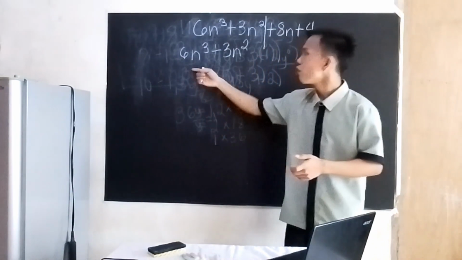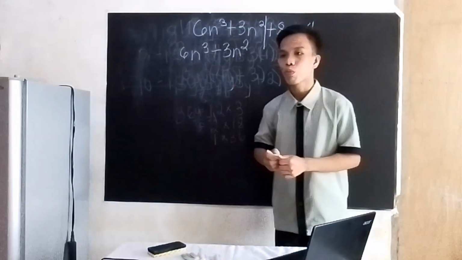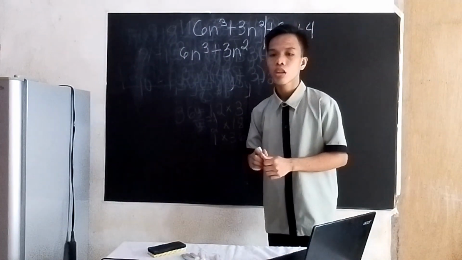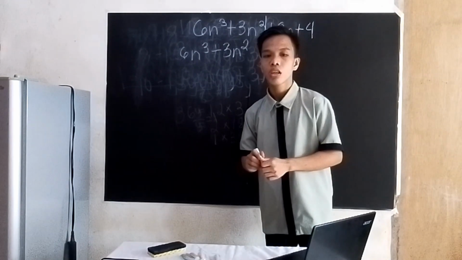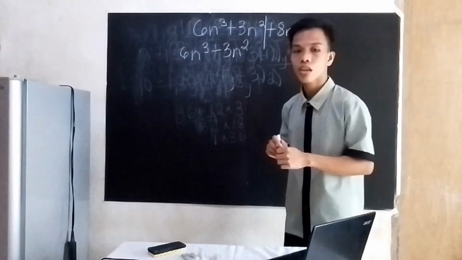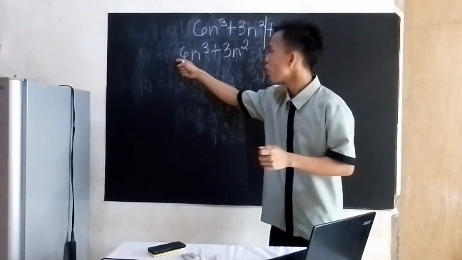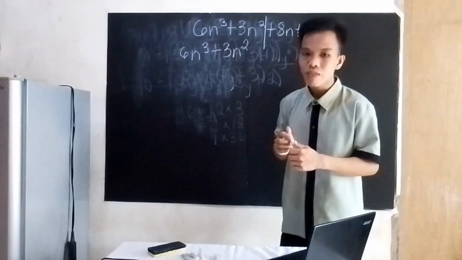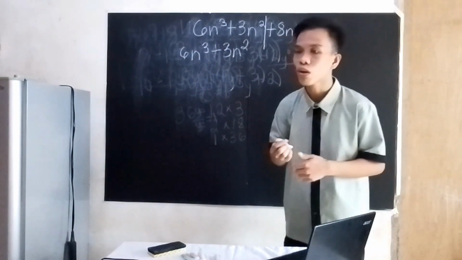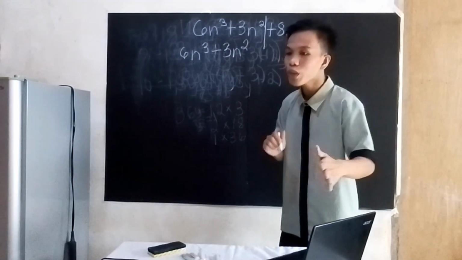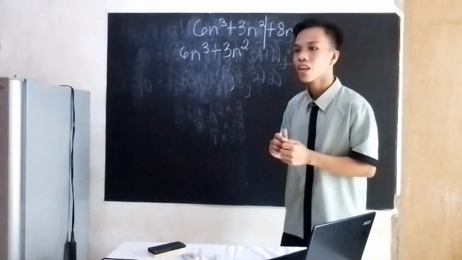What have you observed in the expression? Just Mark. That's right, they are both divisible by 3. At the same time, they have the same variable. So what process are we going to use if we have that?